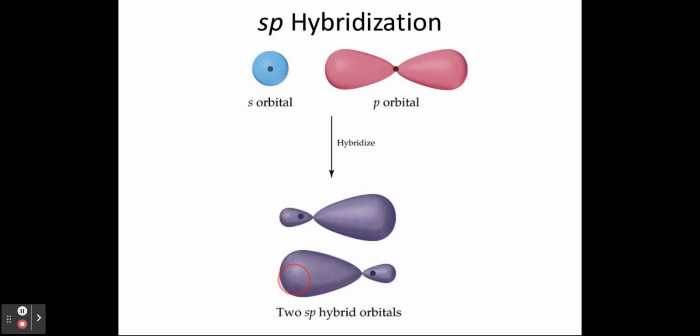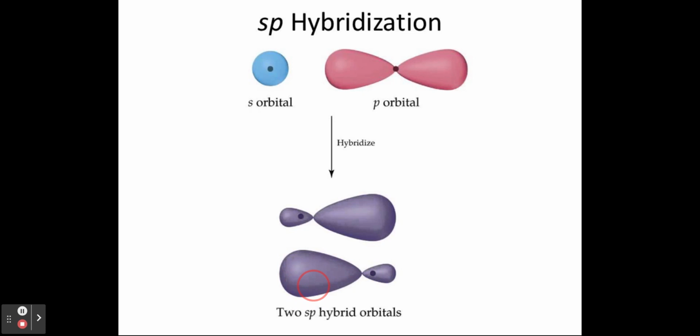So the atom has its orbitals hybridized, and you get these new orbitals that are all equal energy. And then the electrons are occupying these hybrid orbitals.